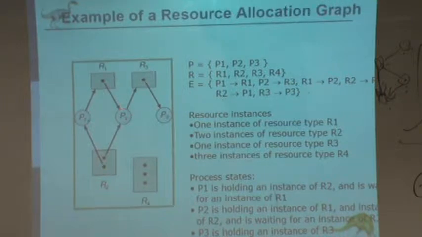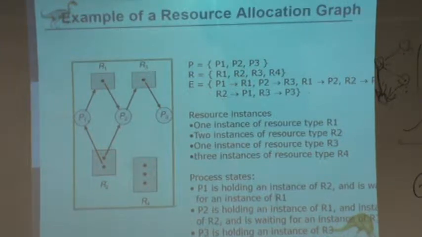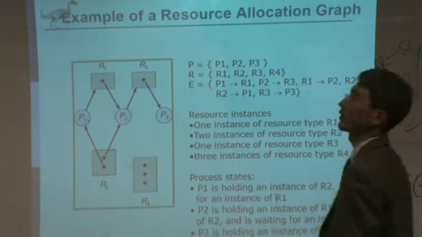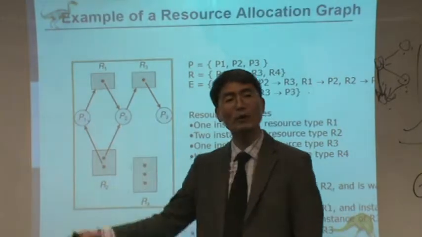Okay, then P2 is requesting R3, and R3 is held by P3. Can you understand the graph itself from the notation of this one? This is a resource allocation graph. Let's check whether this is a deadlock or not. Okay? We don't have to worry too much.